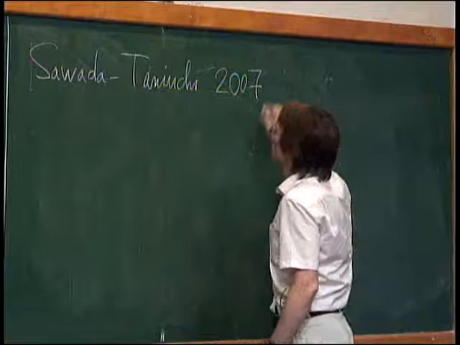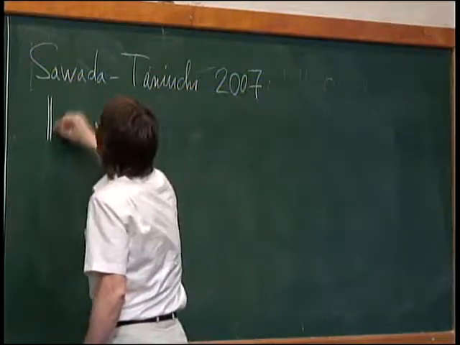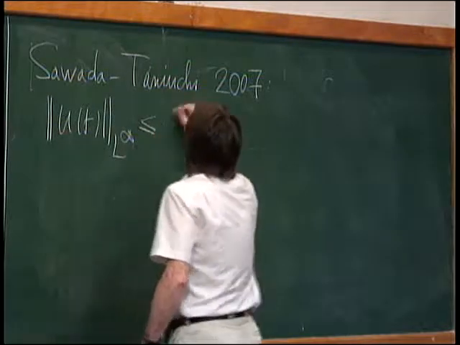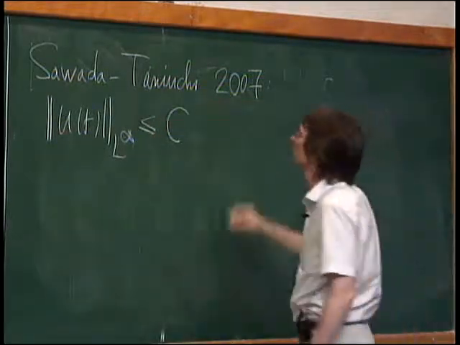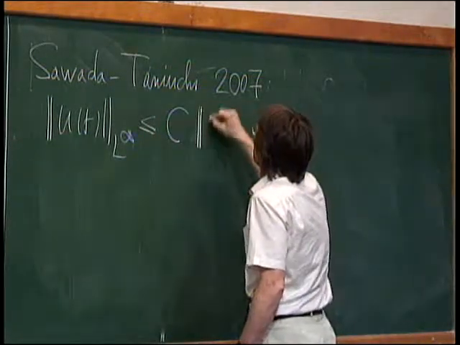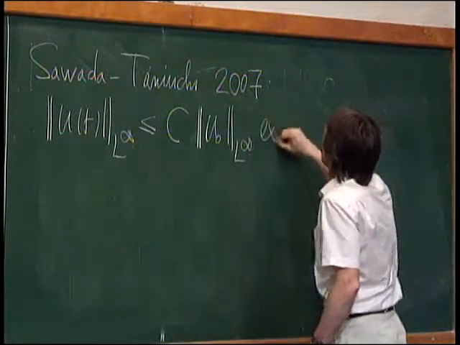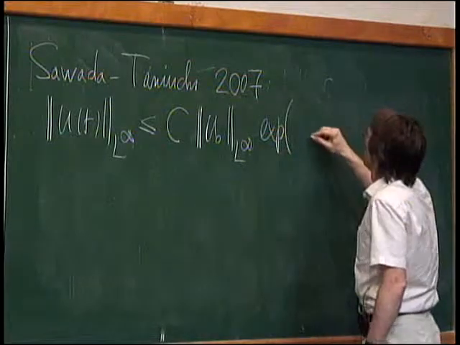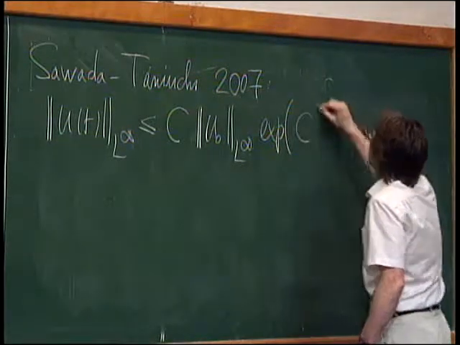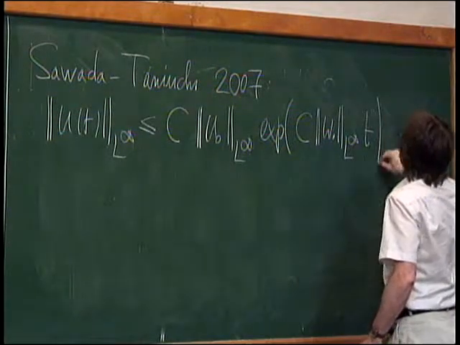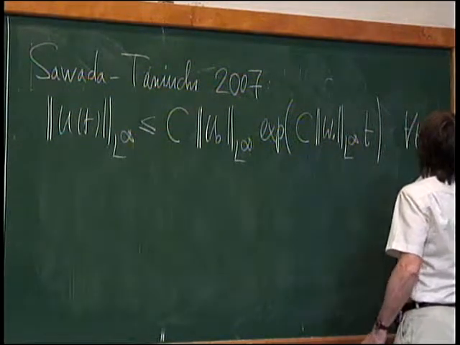And what they prove is the improved bound that the norm of u of t in L infinity is less than a universal constant, or this constant is universal, times the norm of u0 in L infinity times exponential of a constant times the norm of omega 0 in L infinity times t. And this is, again, for all positive t.